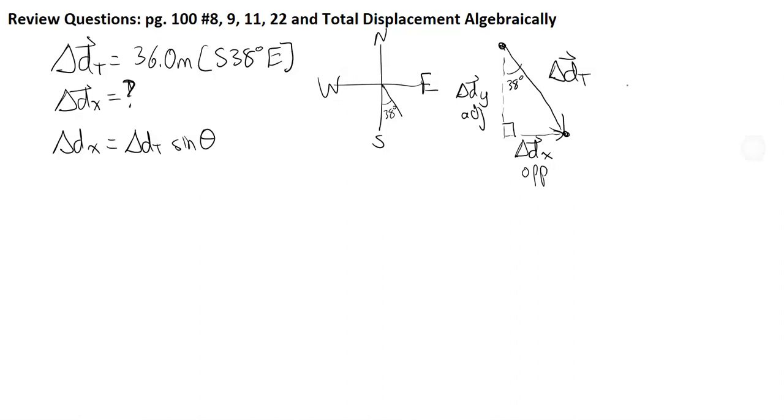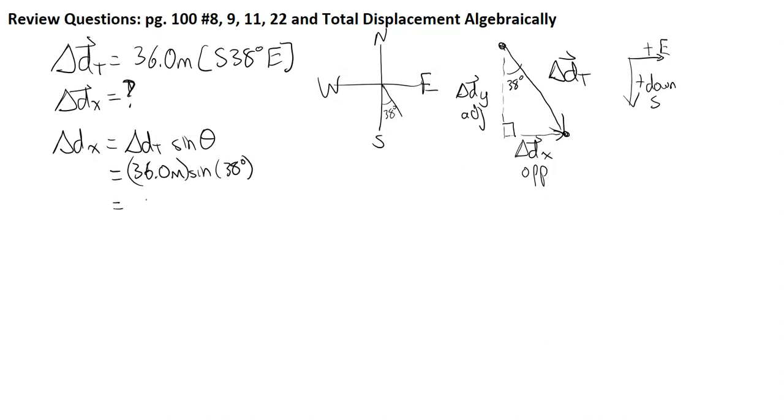Now keep in mind we can let this have a positive direction. I'm going to let it be positive is down, or south, and east is also positive. So with that in mind, we can let this be a positive value, knowing that that means it's going to be down or south. And so we go 36.0 meters times sine of 38 degrees.